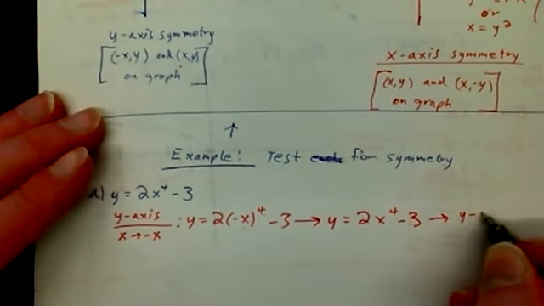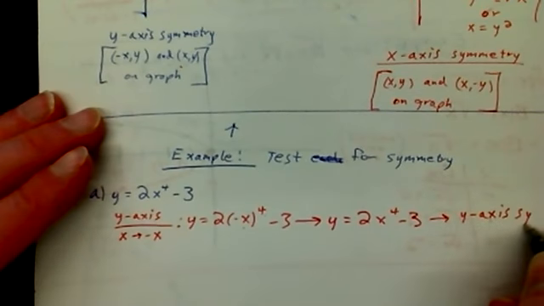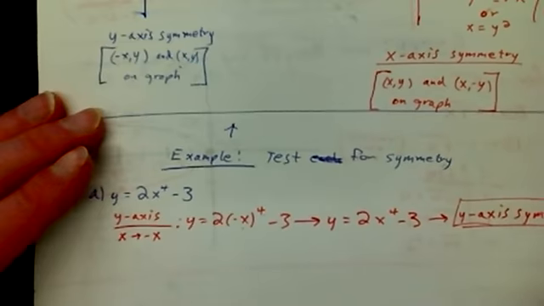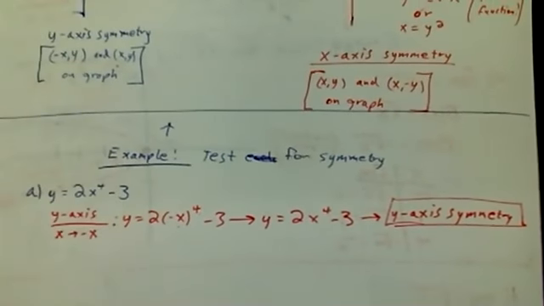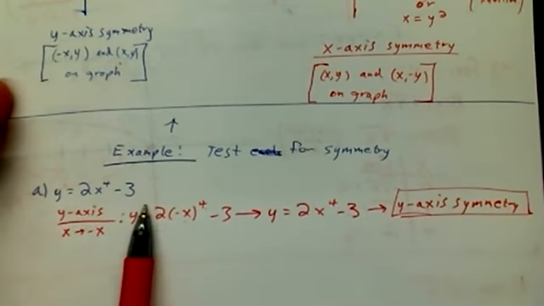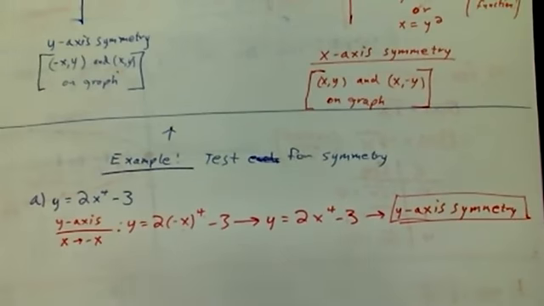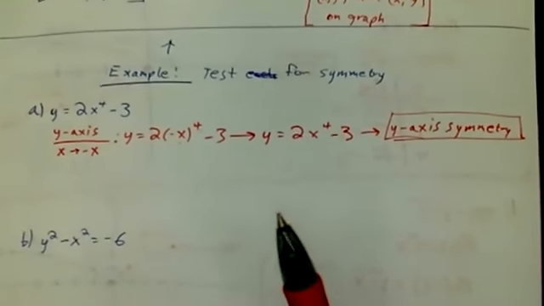So I have y-axis symmetry. Okay, this is the safest way to check. If you just look at a graph, it may look symmetric, but it may not be. But since you do have a graphing calculator, why not check this and kind of see, oh yeah, it does have y-axis symmetry.